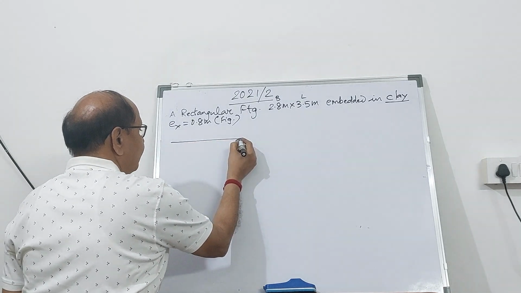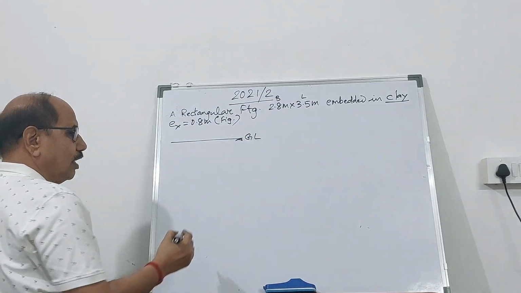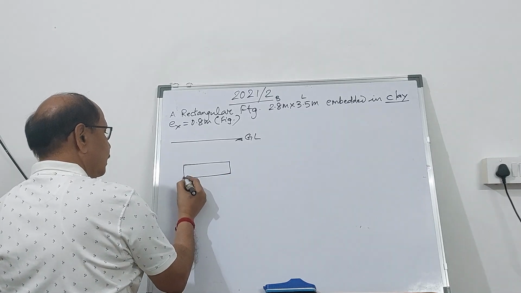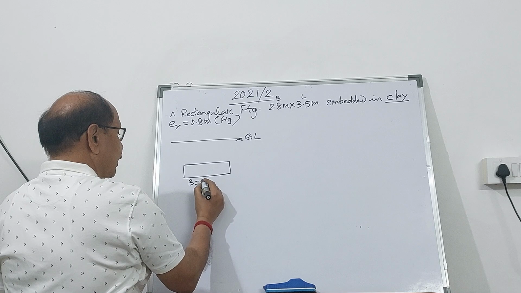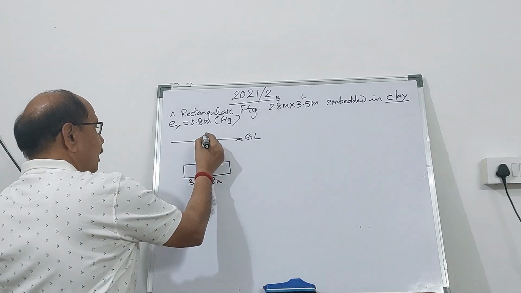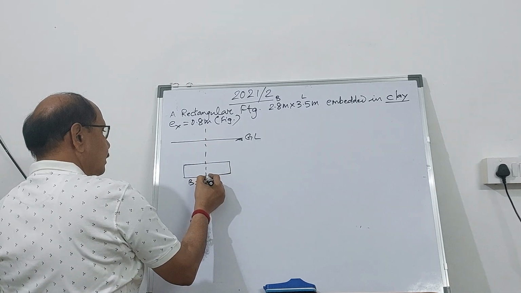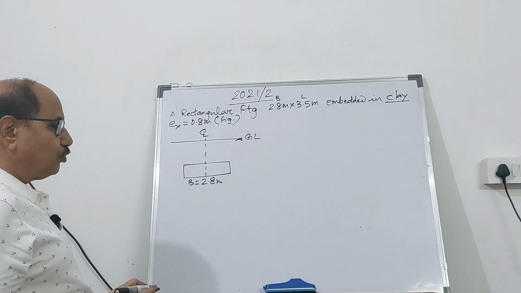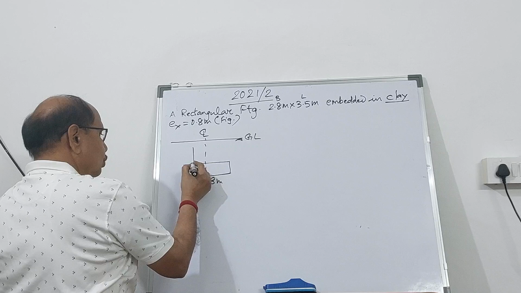So if you see the GATE paper, there is the ground level and you have a rectangular footing, where B equal to 2.8 meter. This is the x direction, and the eccentricity, this is the center line of the footing, and the eccentricity is given to you.